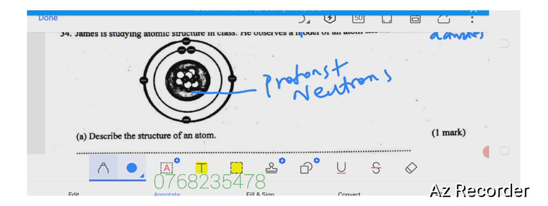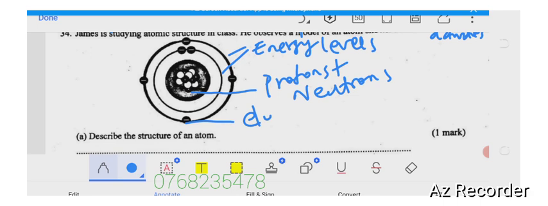Of course, under the energy levels, or we call the orbits, this is what we call energy levels, or some people can just call them orbits. Then it has what we call electrons. Because it's one, I'll just write electron, but when there are many, you write electrons. So these are parts of the atom.